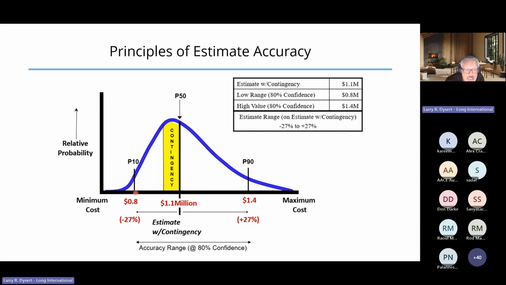The P10 value hasn't changed, it's still 800,000. The P90 value hasn't changed, it's still 1.4 million. But if we discuss estimate accuracy in terms of percent, it's now around a larger value. And instead of being -20 to +40, in this simple example, it's now -27% to +27%.